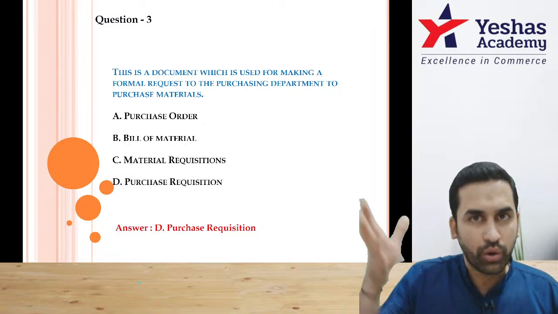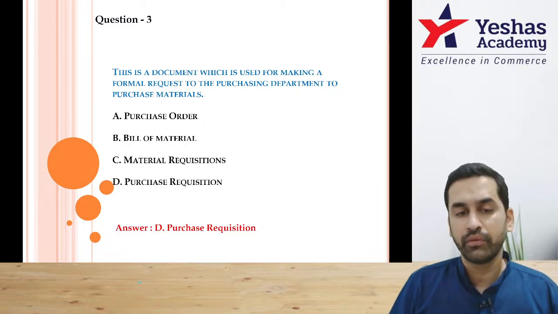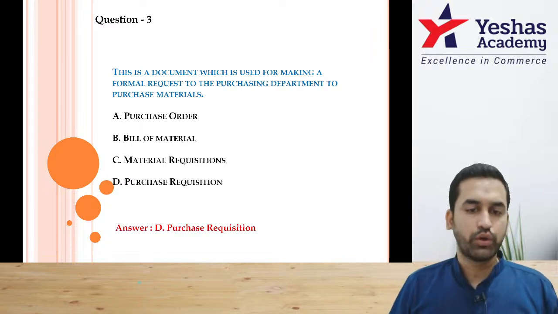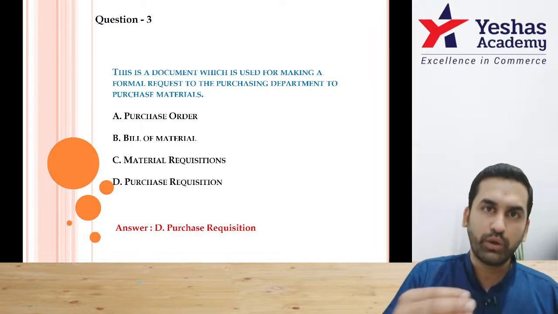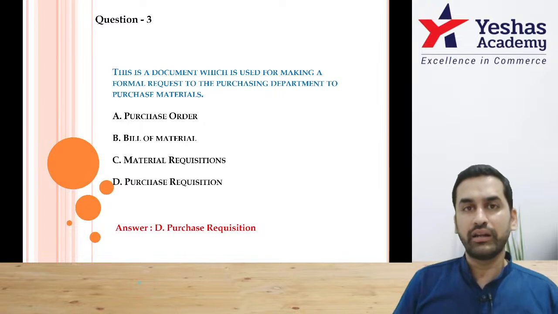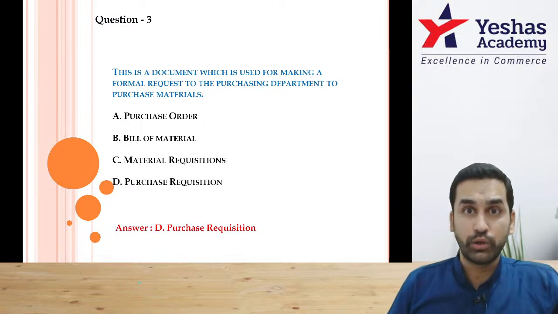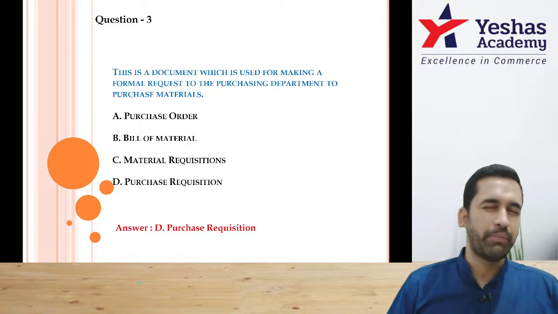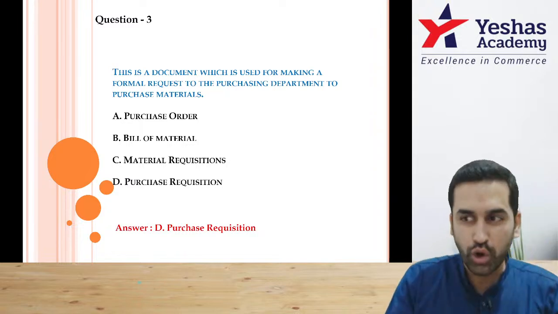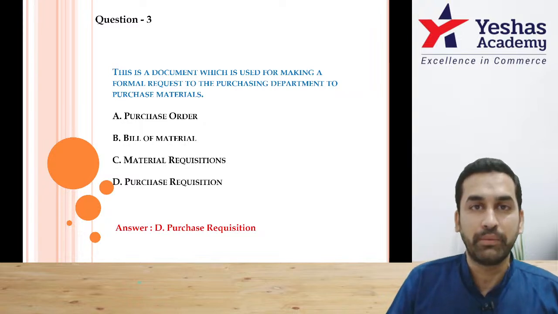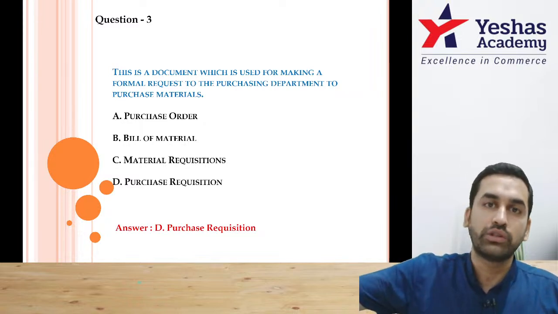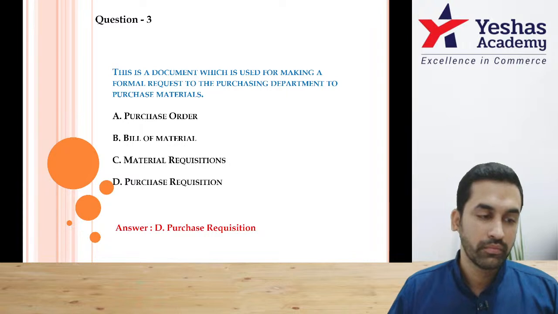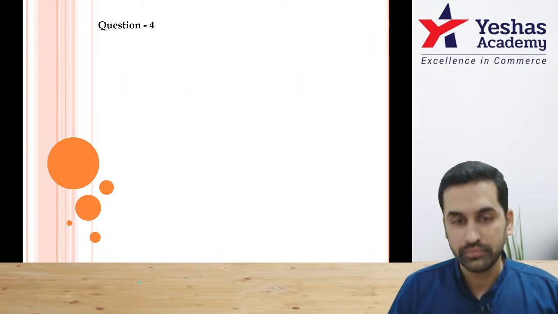I don't have it in the godown. Purchase it. Everybody, this was a tricky question. Your answer was correct, but you went one step behind. Material requisition is from the production department to, sorry, production department to stores department. Stores will then raise a request to purchase department. Purchase will then raise a request to supplier. All three are different.